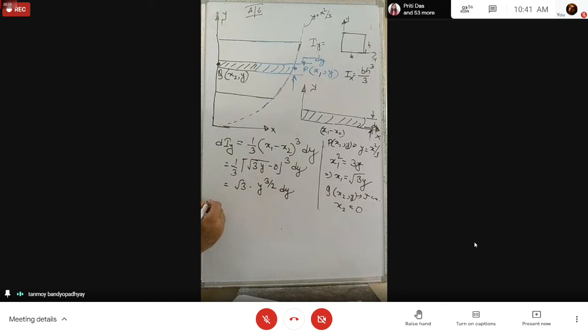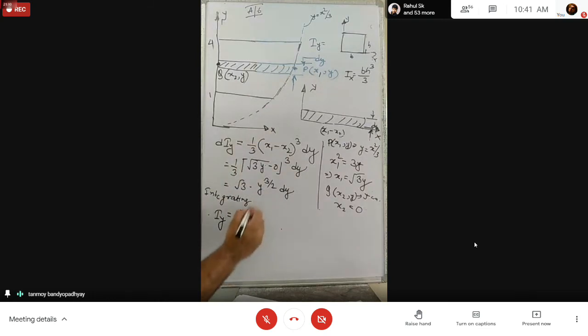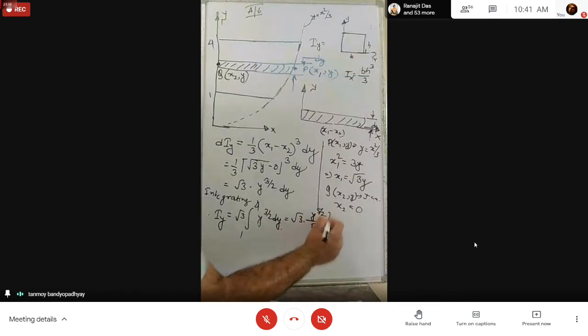Now if I integrate, Iy should be equal to root 3 times the integration of y, where y varies from 1 to 4, of y to the power 3 by 2 dy. So that is root 3 into y to the power 5 by 2 divided by 5 by 2, with y varying from 1 to 4.